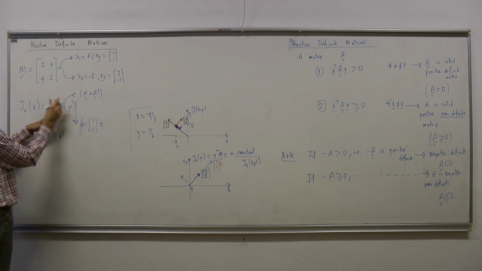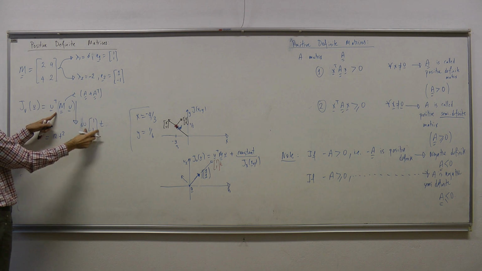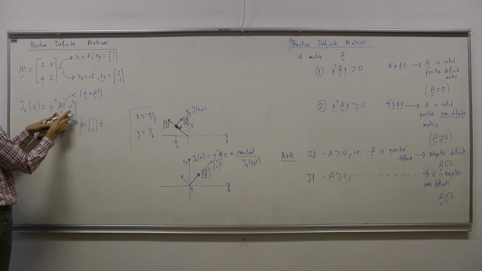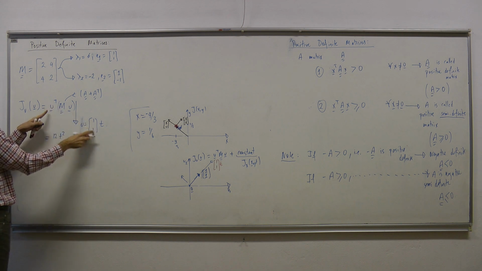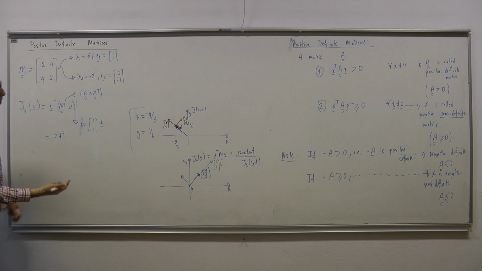So if I multiply this by this vector, I get 6, 1, 1. I have 6T times 1, 1 after this. Then U transpose times 1, 1, I get 12T square. Okay.